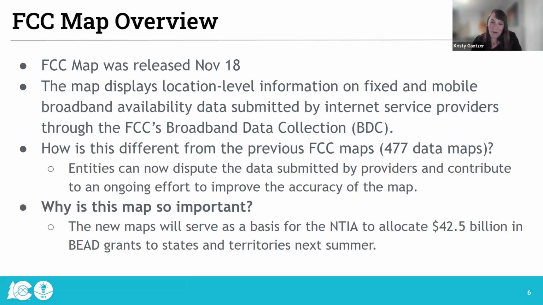And why is this so important? The accuracy of this map is crucial. Funding allocations for the $42.5 billion in BEAD grants to states will rely on the number of unserved locations as shown on the map, so we have to get this right.